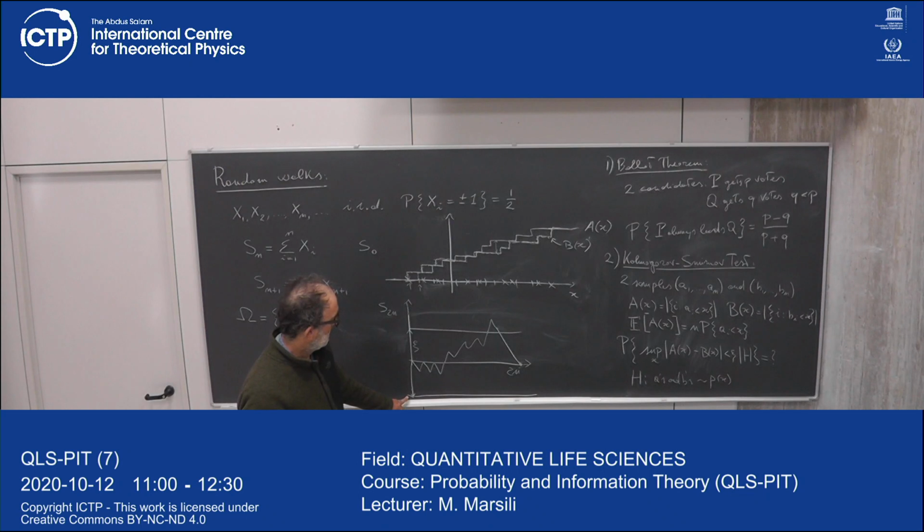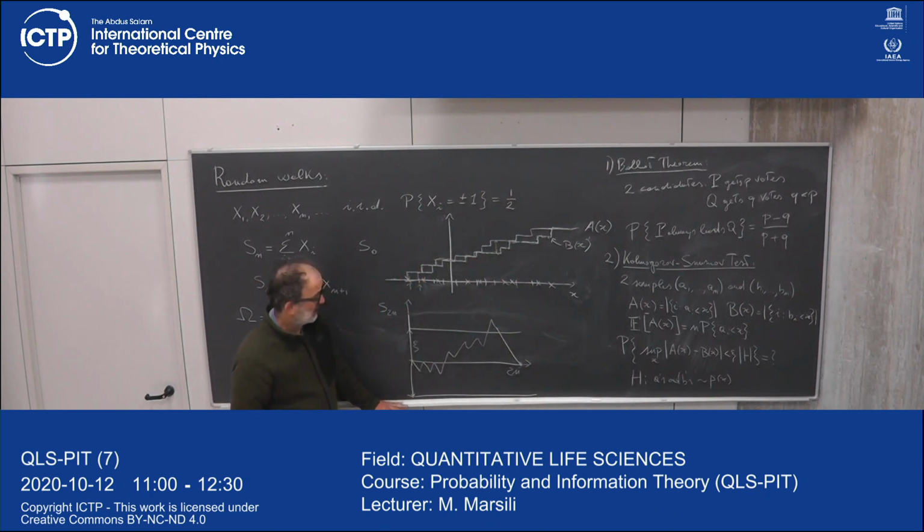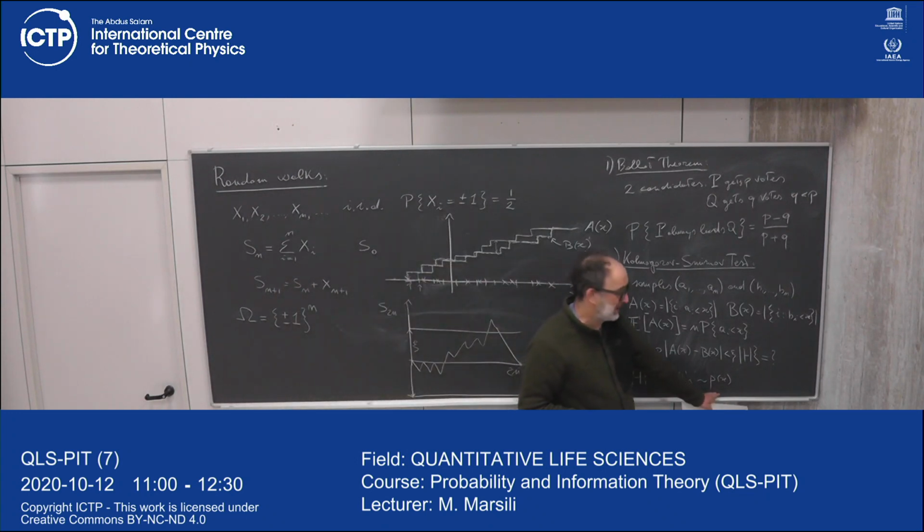Now, the important point is that this probability can be computed just from the property of a random walk, without any reference to whatever is the probability distribution of the A's and the B's.